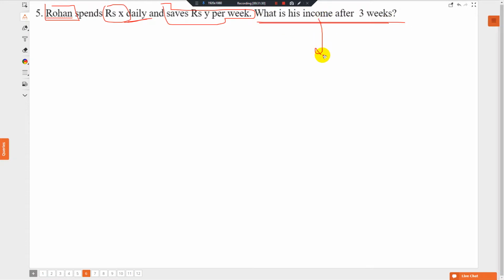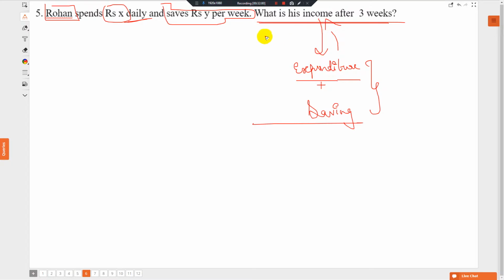Income means expenditure plus saving. If you add those, you get income.